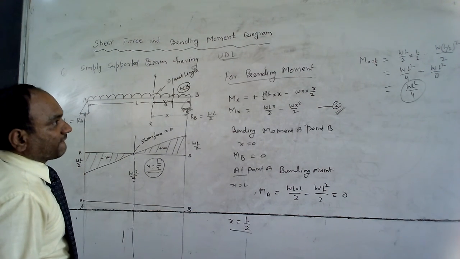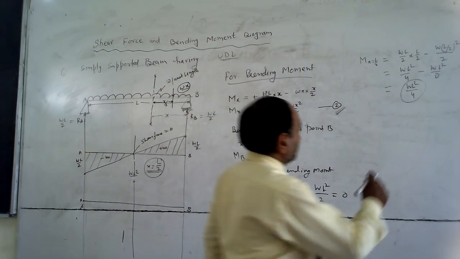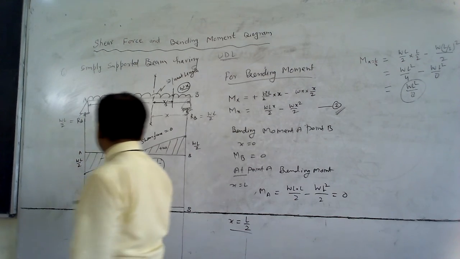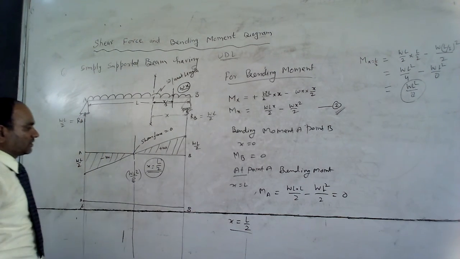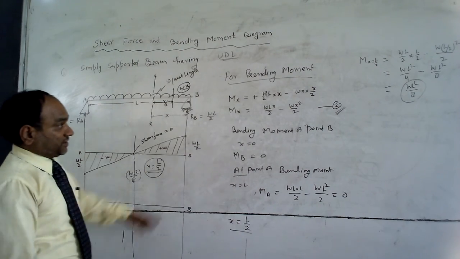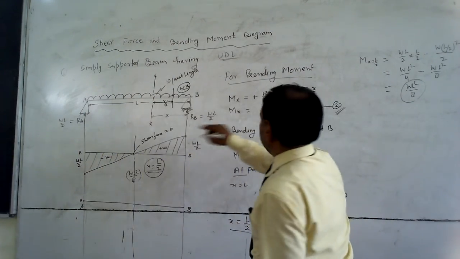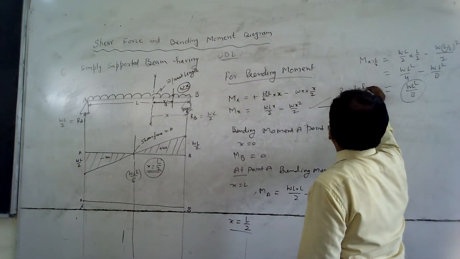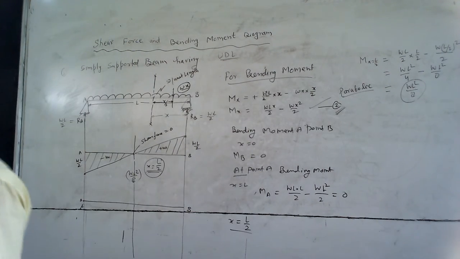Suppose this is the point where it is WL square by 8. The variation of bending moment in between A and B is parabolic.